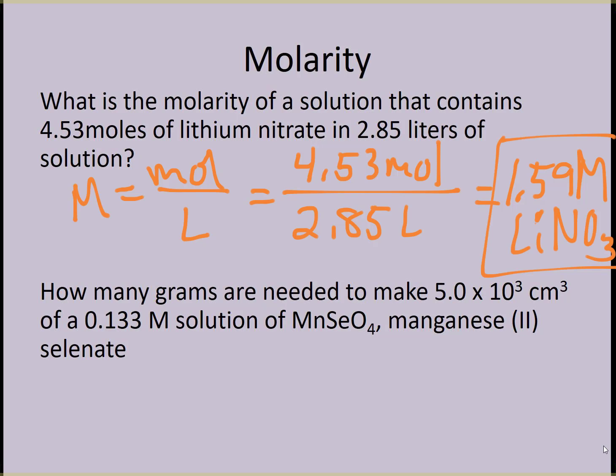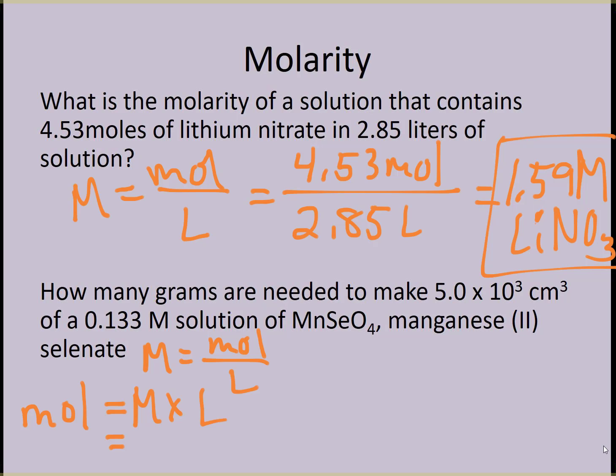In this next one, we're working a little bit backwards. So we do know our formula. Molarity is moles per liter, but it says how many grams are needed to make 5,000 cubic centimeters of this molar solution. What I'm going to do is solve for moles first. And to find moles, I'm going to take molarity times the liters.